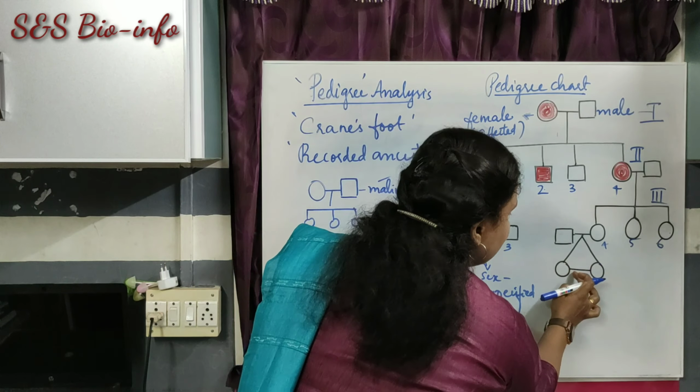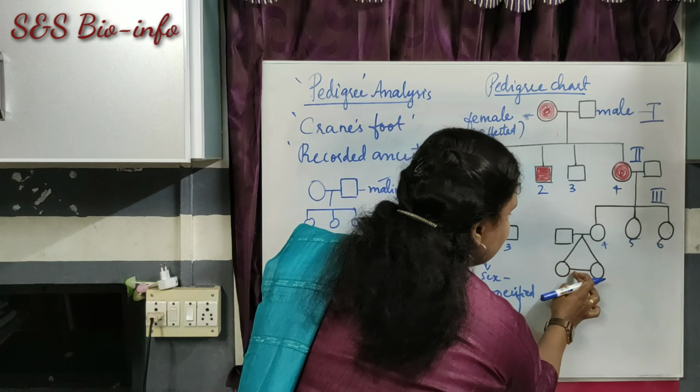In some situations the family members may die because of a particular genetic disorder. That can be represented by using a diagonal over the circle or the square. That means it represents the death of that female or the death of the male in that particular family.